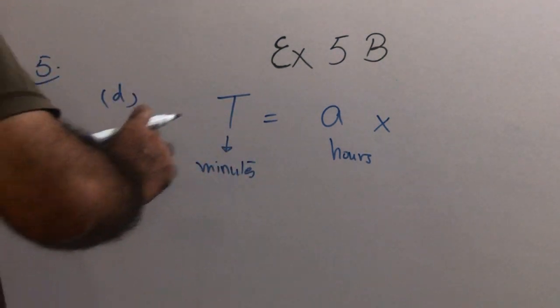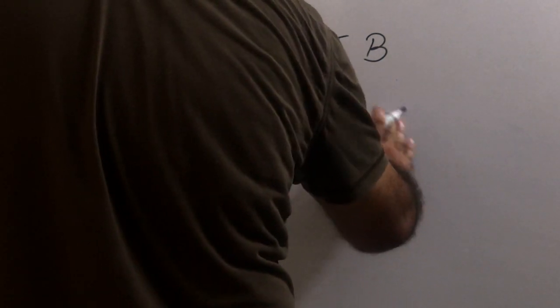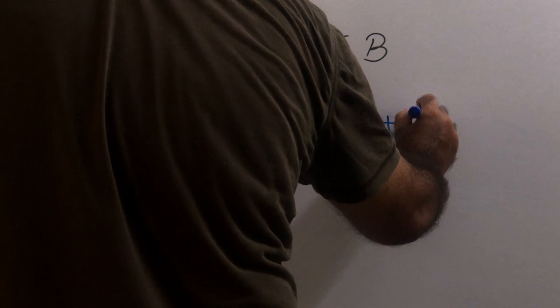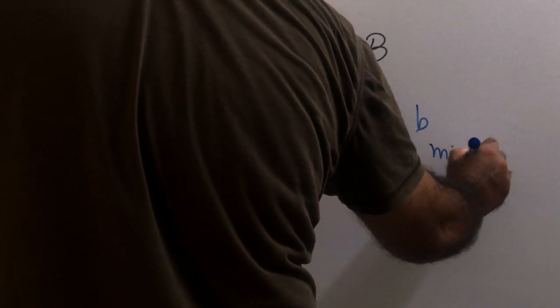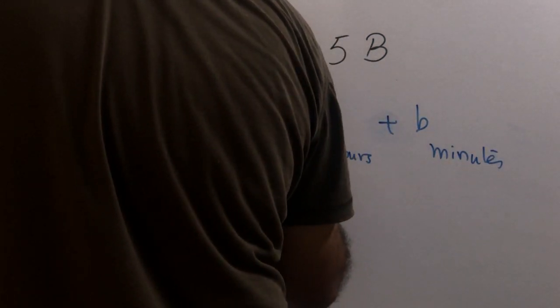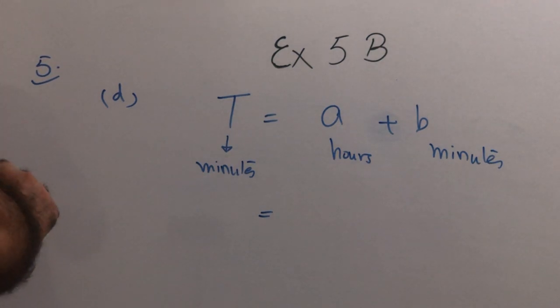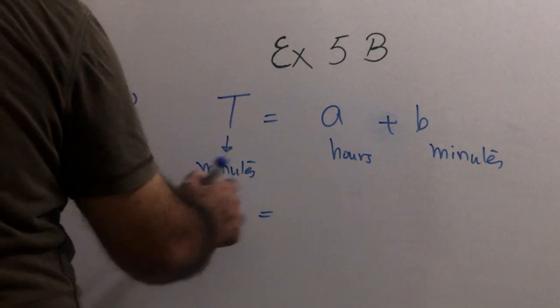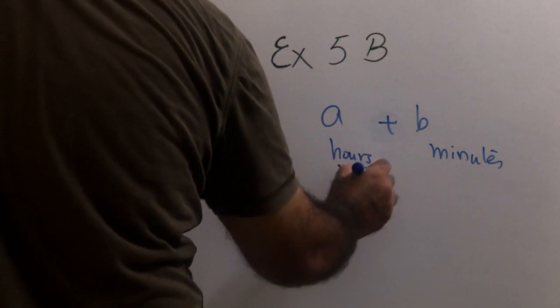It becomes plus B minutes. So when we need to find it in minutes, we will multiply this by 60.